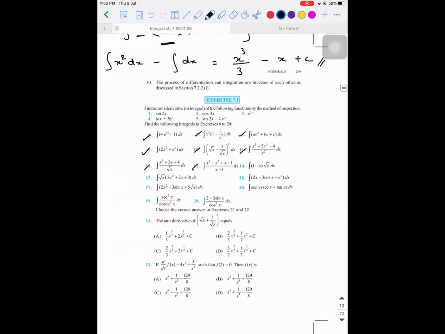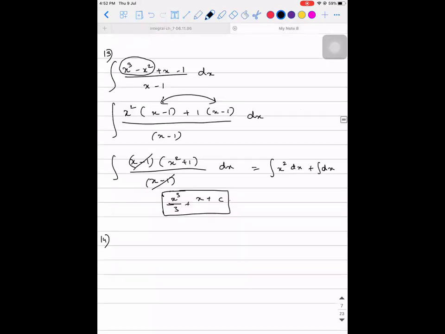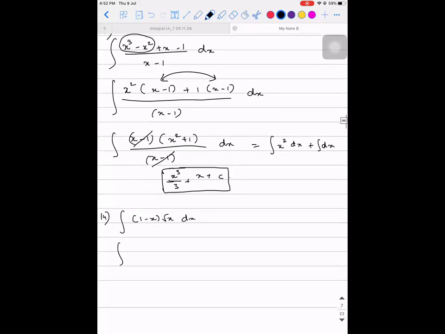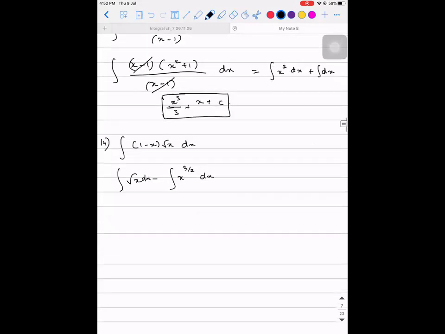14th one is integral of 1 minus x into root x dx. So this will be root x minus integral of x into x power half, which is x power 3 by 2 dx. So integral of x power half dx is how much? x power n plus 1.